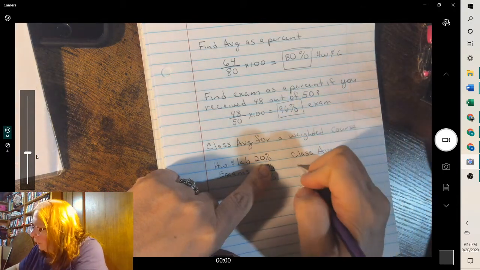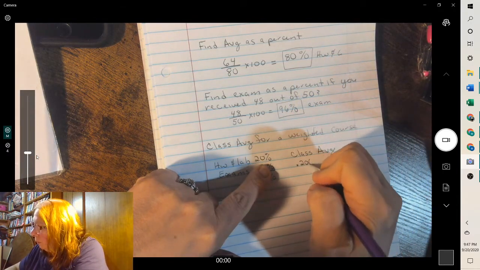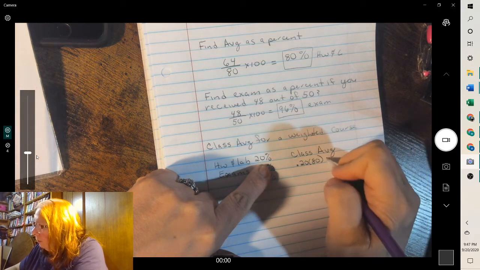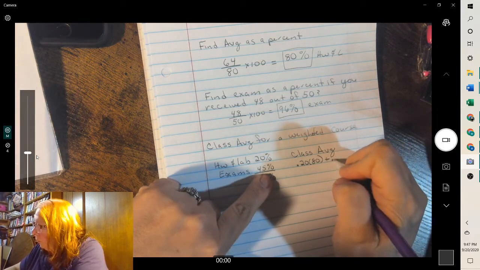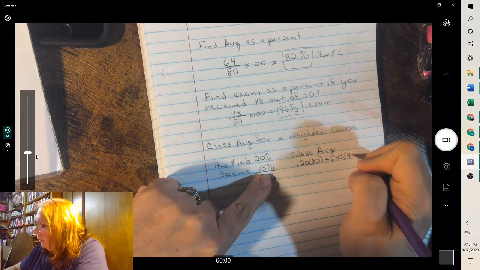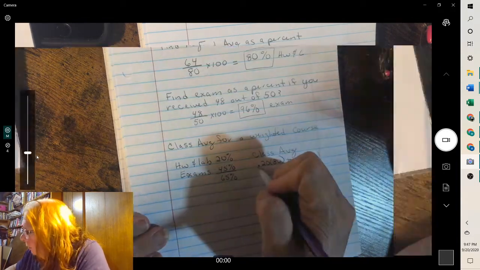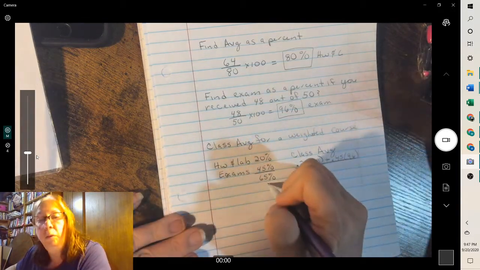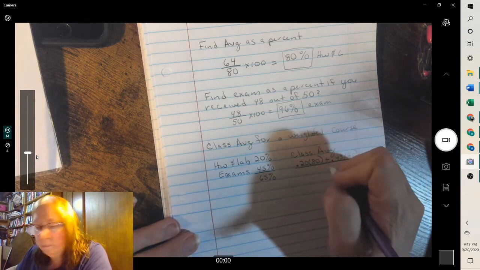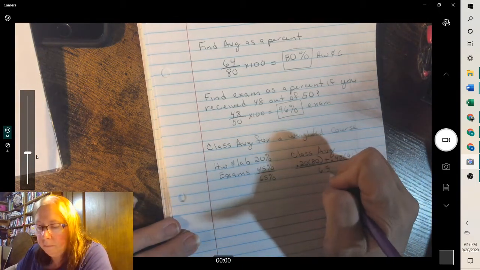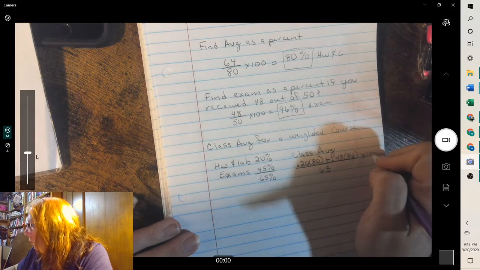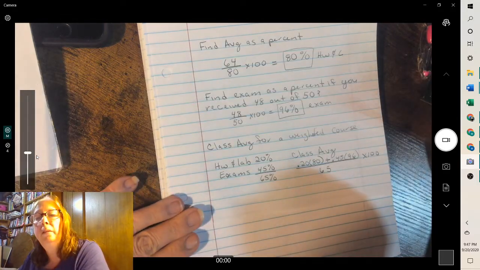So we take 0.2 or 20 times our 80. And then we take 0.45 times our 96. And then you divide by your total percent. And multiply by 100.